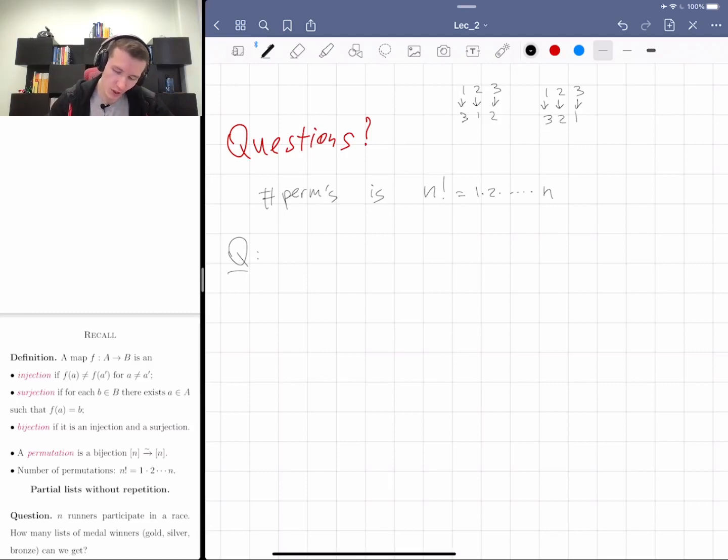The question from sports is that you have n runners. Let me denote them by R1, R2, etc., R sub n. They participate in a race.